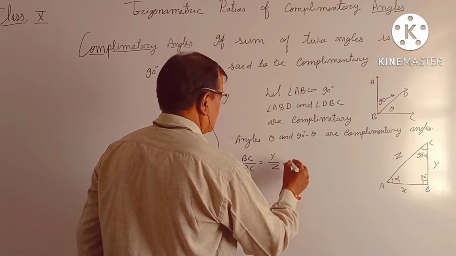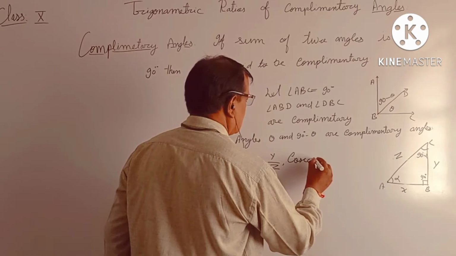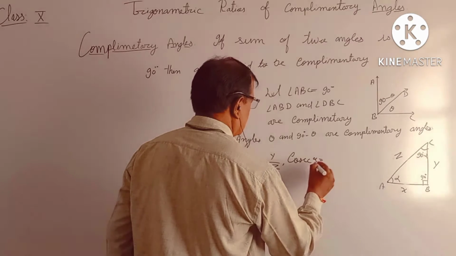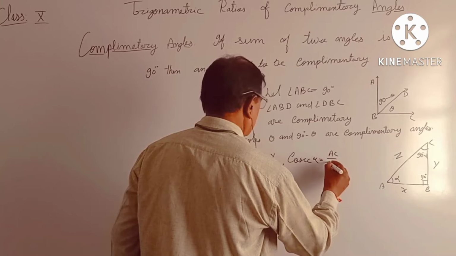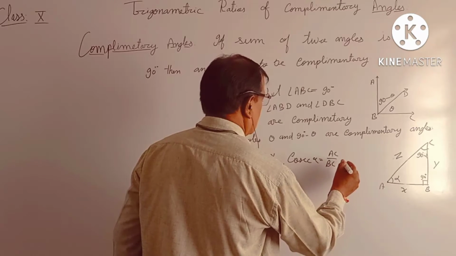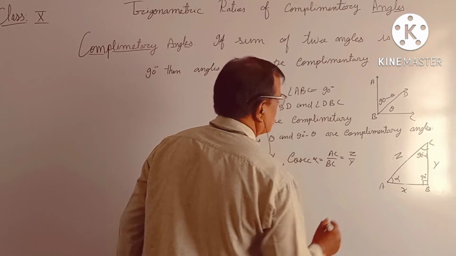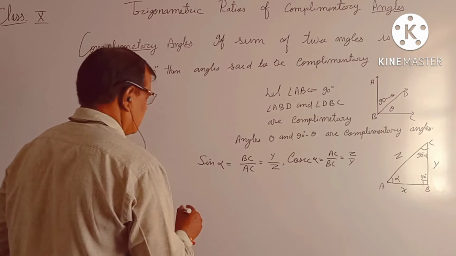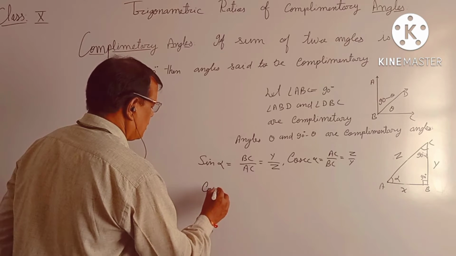In the same way, the opposite of sine is cosec alpha. Cosec alpha is just the opposite of it, so AC upon BC or z upon y. Now we go to cos alpha.